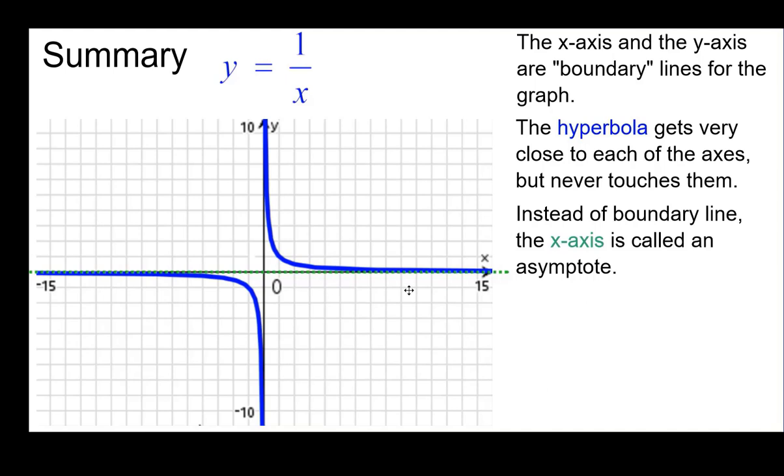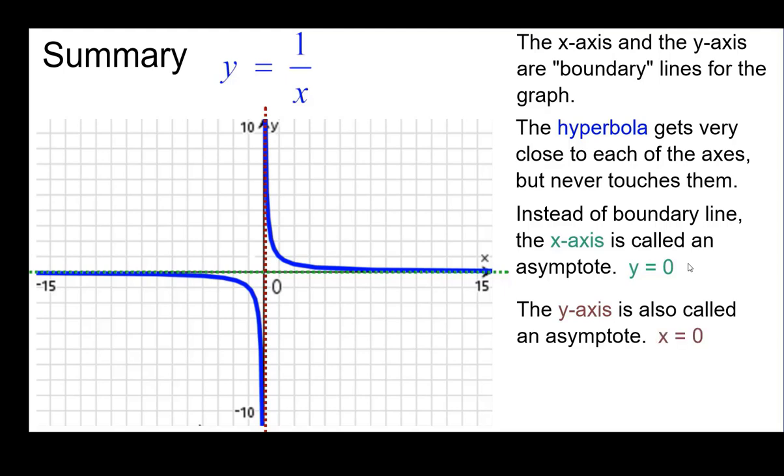This is called an asymptote. We don't use the word boundary line, but it serves as one. We call it an asymptote, spelled a little bit peculiar. And it's also the equation y equals 0. The dotted brown line is also called an asymptote, the y-axis, and its equation is x equals 0. So those are the asymptotes for this.